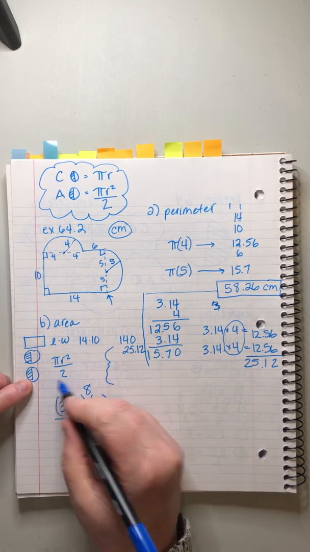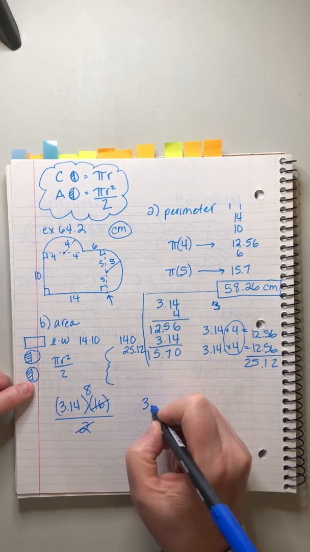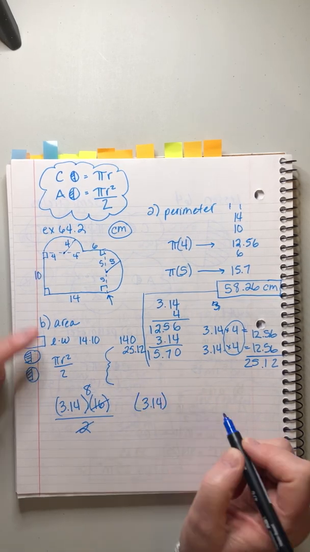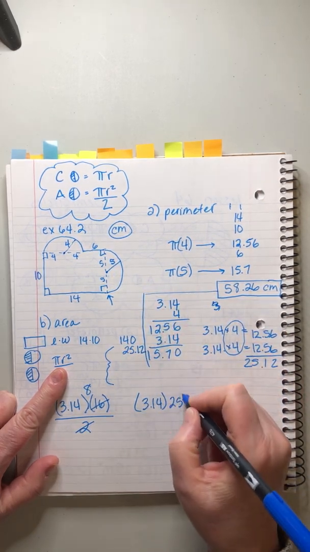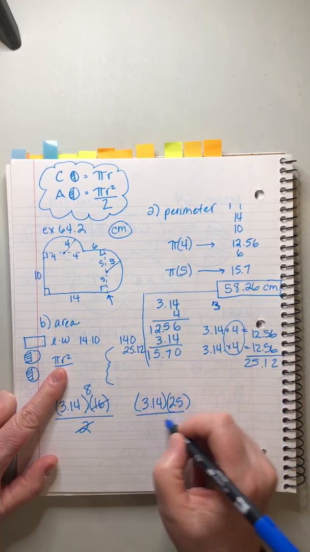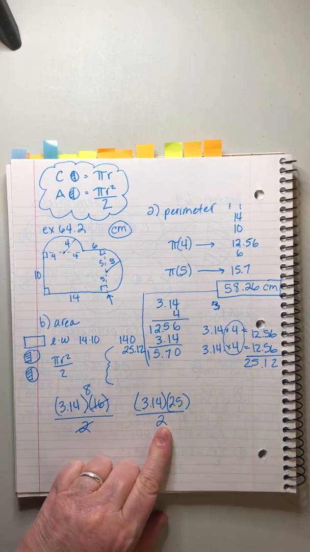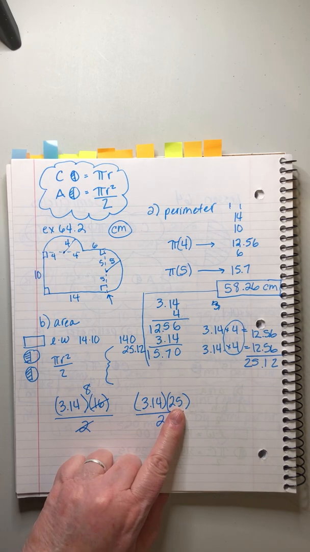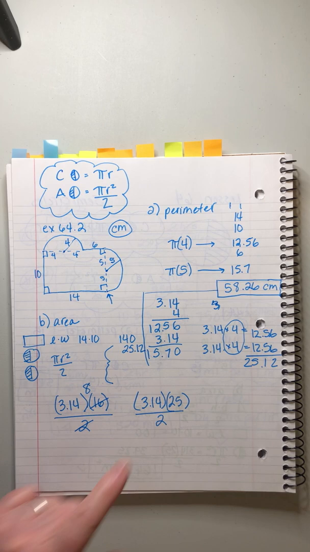They're both using that formula, but they're different. Now I have to do 3.14 times r squared when r is 5. Oh, that's 25. And then I have to divide it by 2. 25 is not an even number, so that's not going to work very well. But what I could do is create a decimal number there.